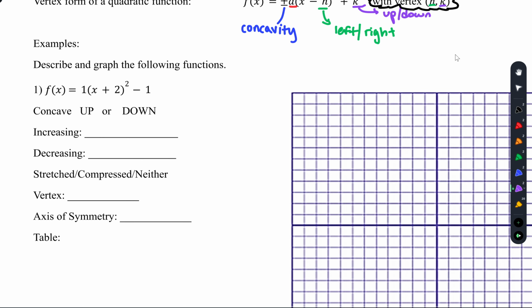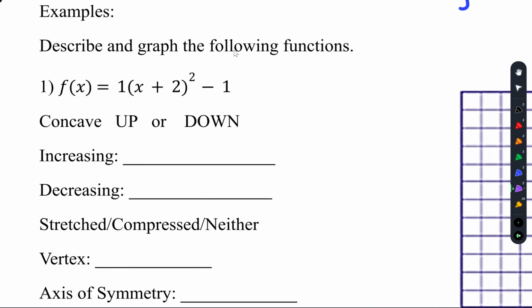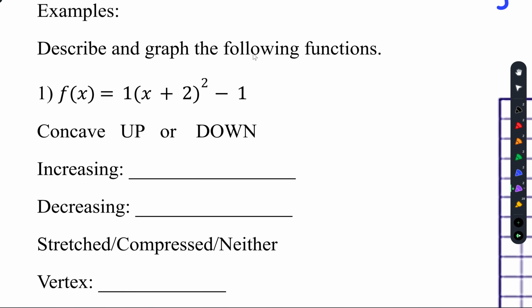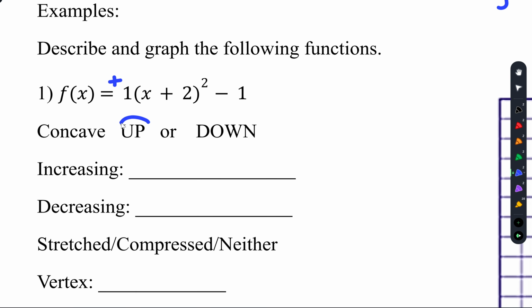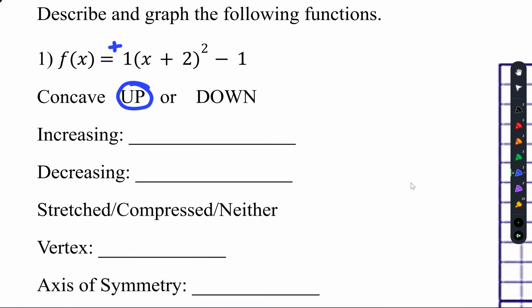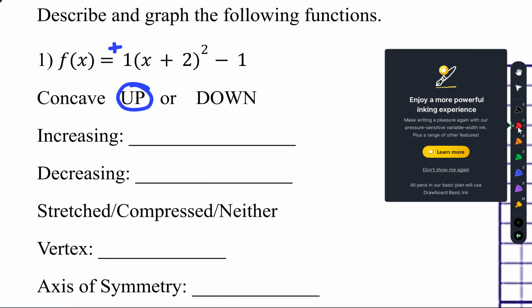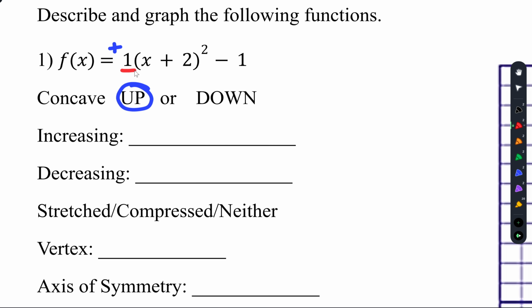In example 1, is this concave up or concave down? We're looking at whether that first sign is positive or negative. And it's positive, so this is going to be concave up. I'm going to skip the increasing and decreasing just for a second. We're going to come back there. But is this stretched, compressed, or neither? That's where I'm looking at this A value.